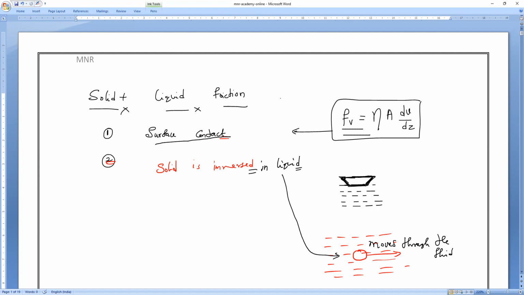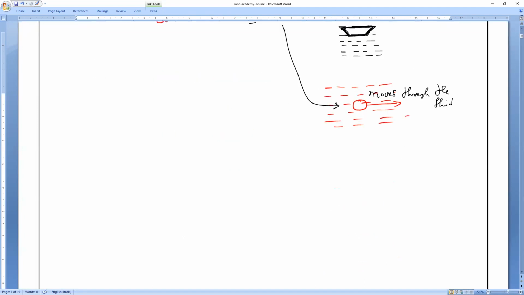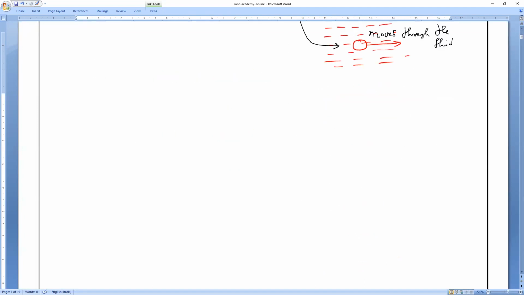Now, we have even solved questions in the last class, so you might remember. Today's class we are going to discuss the next concept, that is the objects moving through the fluid. That is what we used to say Stokes theorem, as well as the terminal velocity.